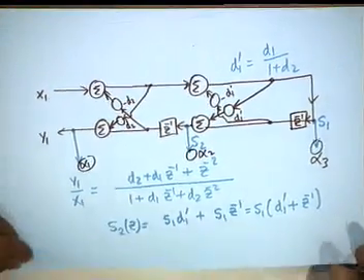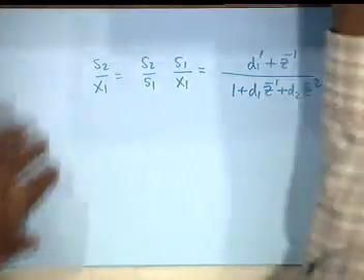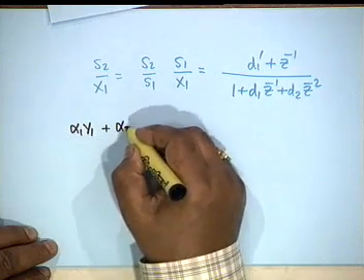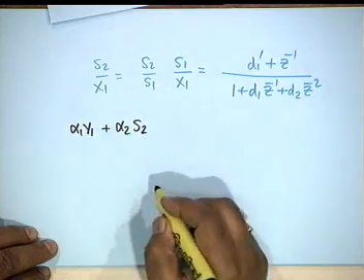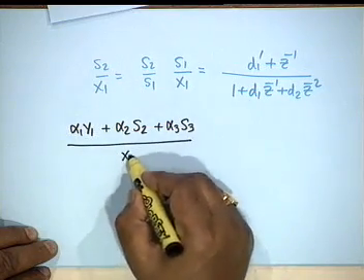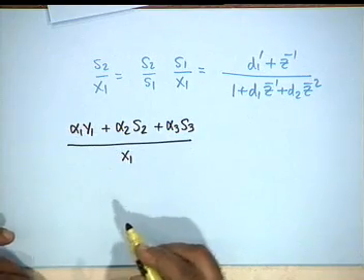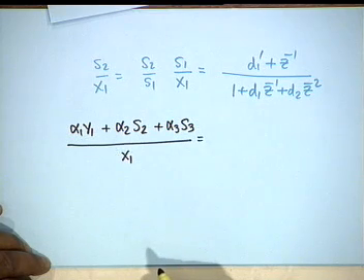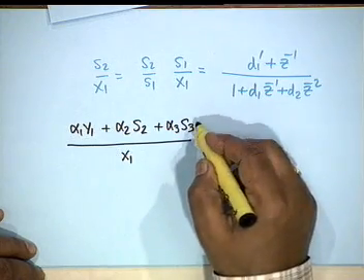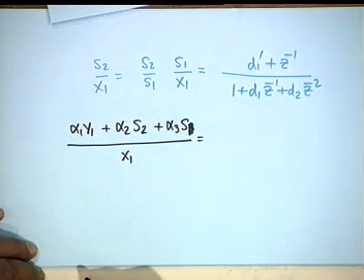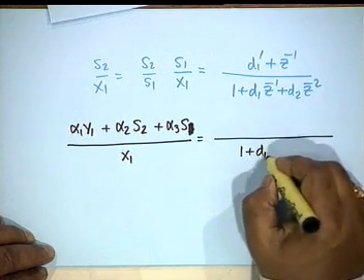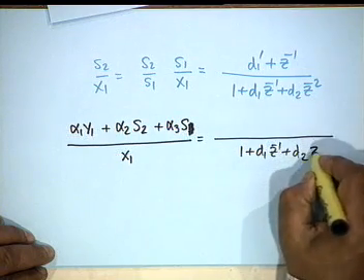If we add them together, that is alpha 1 y1 plus alpha 2 S2 plus alpha 3 S1 divided by x1. Alpha 3 S1, yes. The denominator shall be the same: 1 plus d1 z inverse plus d2 z to the minus 2.